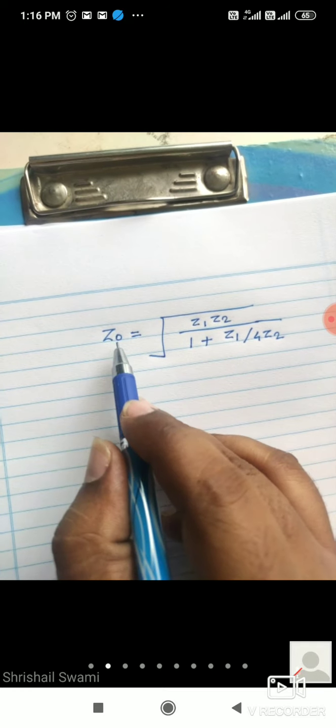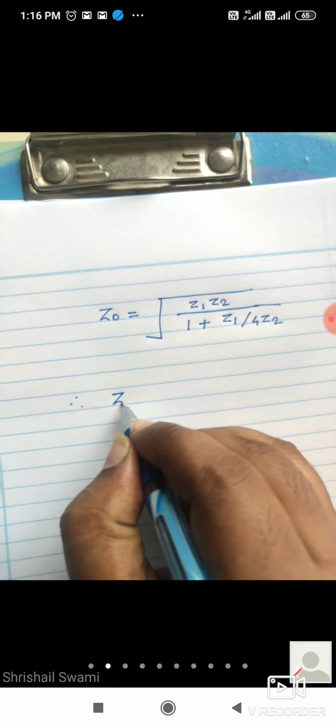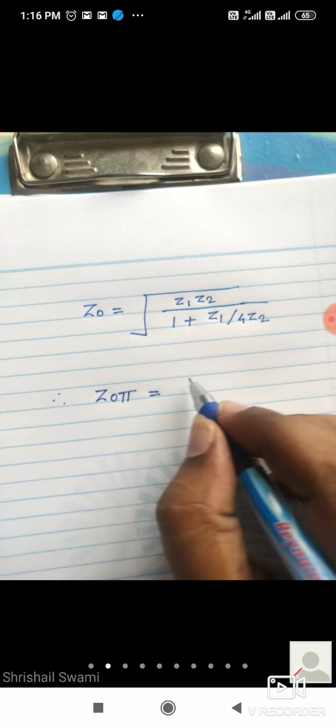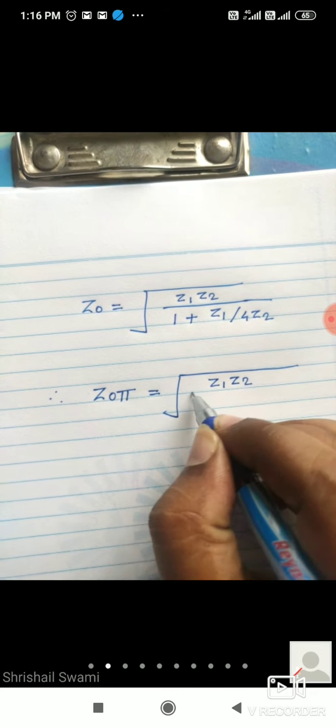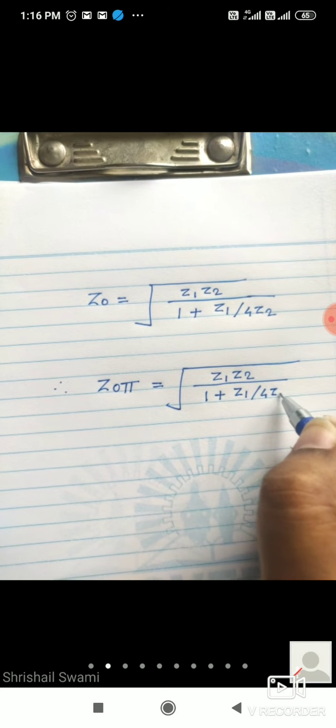Okay, so this Z0 is related to what? Characteristic impedance of the pi section. That's why we can write it as Z0 pi. So Z0 pi is equal to under root Z1 into Z2 divided by 1 plus Z1 divided by 4Z2.